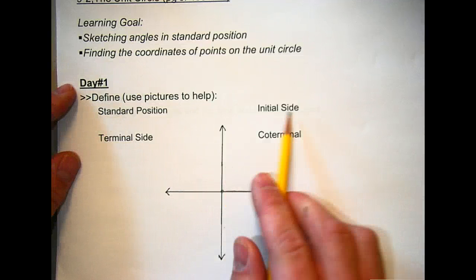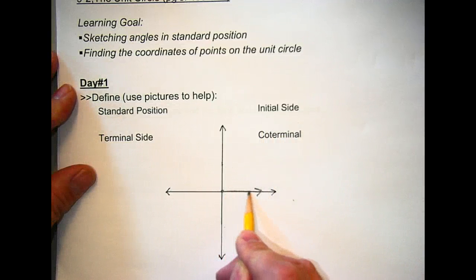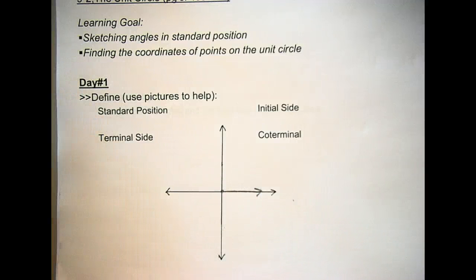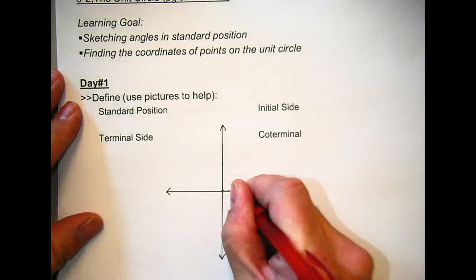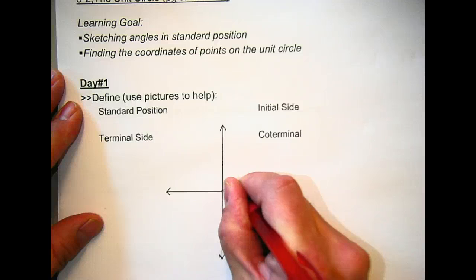This is your initial side in standard position. Your terminal side is when you start rotating around the unit circle. So say I start here, and remember we rotate counterclockwise for a positive angle.